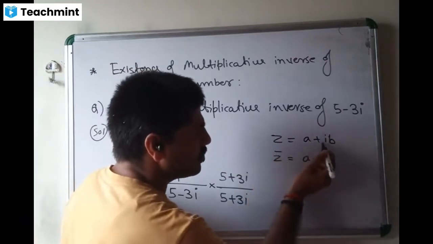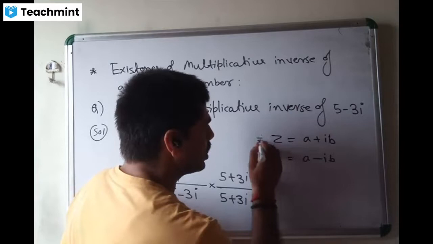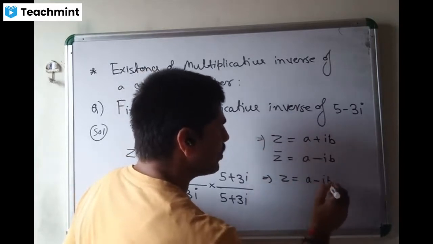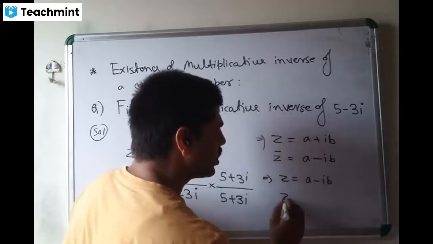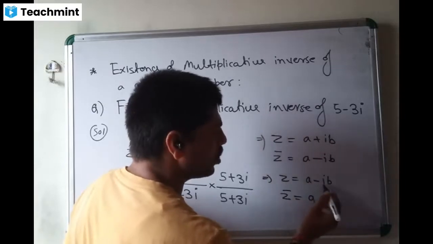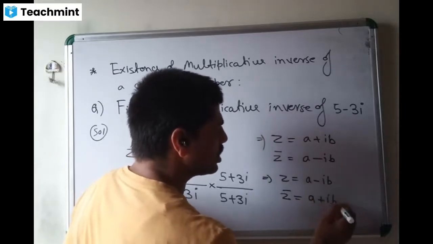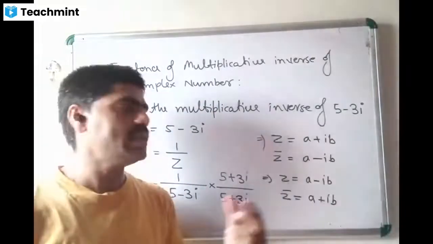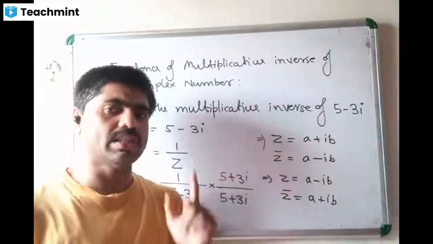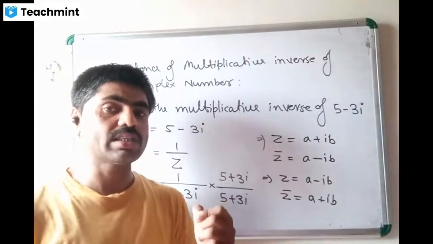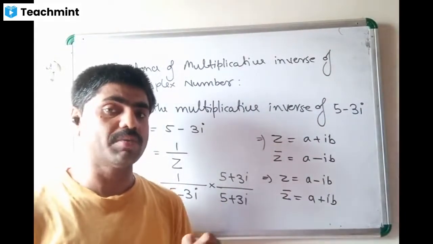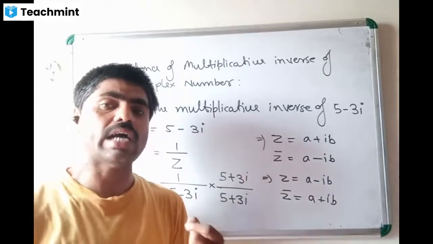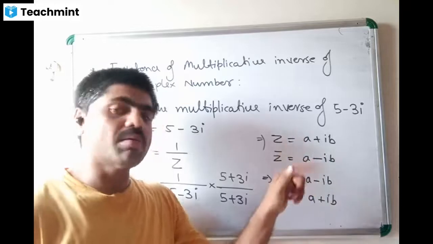So a plus ib becomes a minus ib. Now see, suppose that Z is equal to a minus ib. Now find its conjugate: it becomes a plus ib. Only change the sign of i. To find the conjugate of any complex number, you change the sign of i, the iota, so this i becomes minus i.